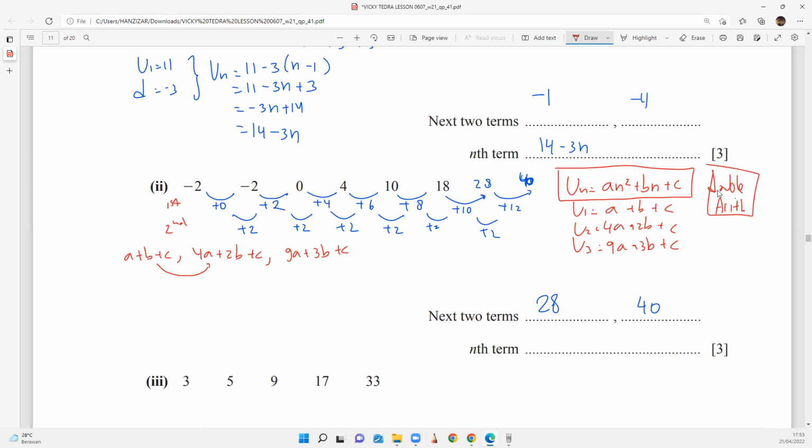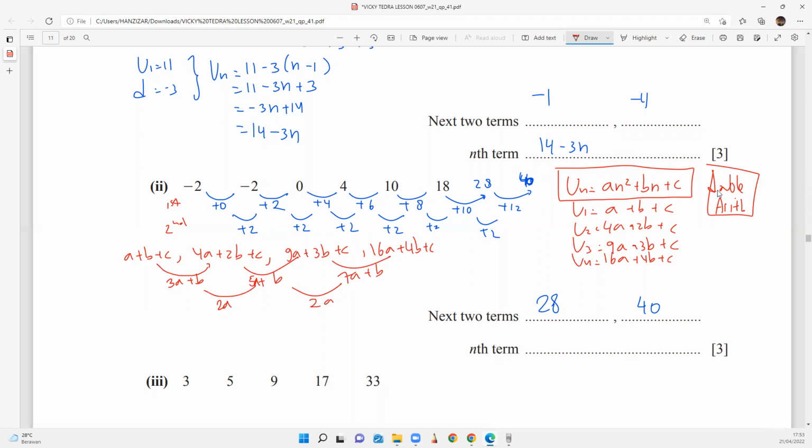Okay. Now, if you do this, you subtract and get 3a plus b, right? And this also 5a plus b. And the second layer will be constant, 2a, right? If you do the u4, if you want to try to prove, 4 squared a plus 4b plus c, so 16a plus 4b plus c, and you subtract, 7a plus b, and it has to be 2a also.